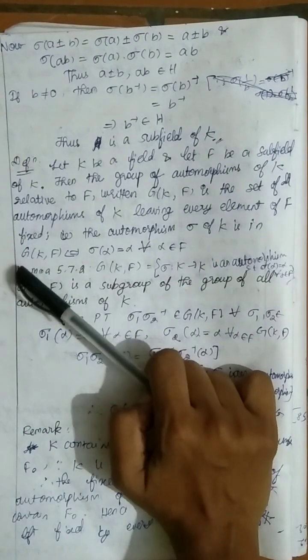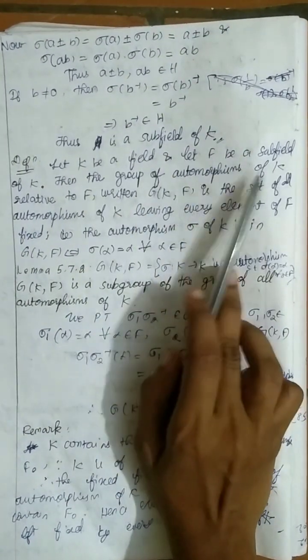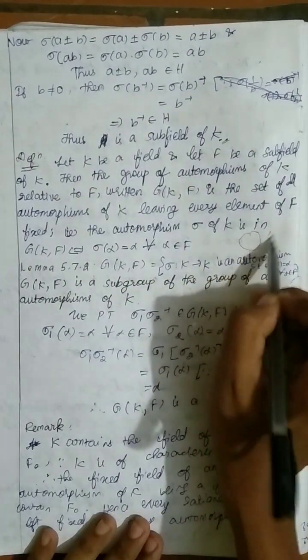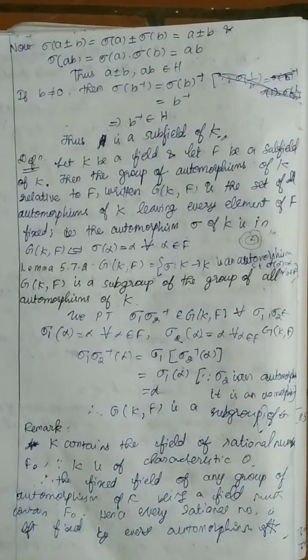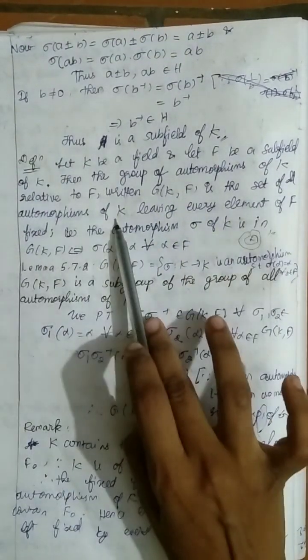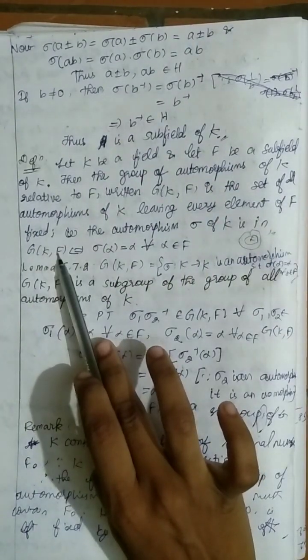Now we are going to see a definition. Let K be a field and F be a subfield of K. K is the biggest field and F is its subfield. Then the group of automorphisms of K relative to F, written G of K comma F, is the set of all automorphisms of K leaving every element of F fixed.